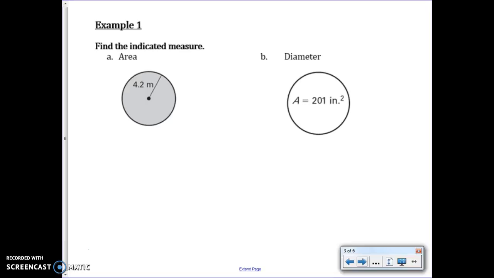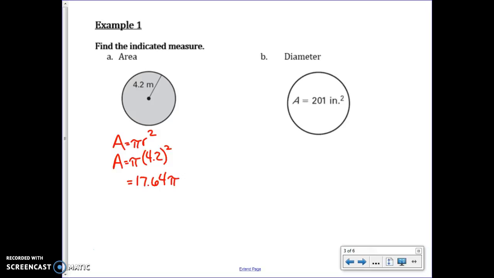Some things you'll be asked to do are to find the area. We're given a radius of 4.2, so we're going to use A equals pi r squared. We're looking for area. We have pi, and then 4.2 quantity squared. If we do 4.2 squared, I get 17.64.